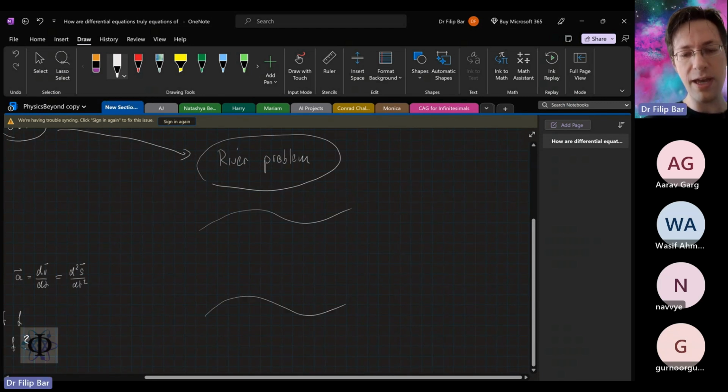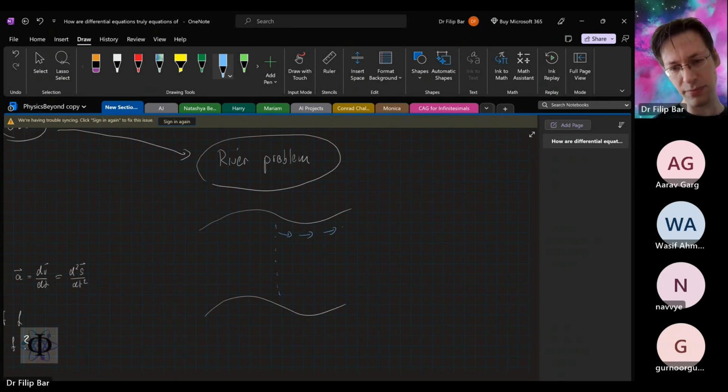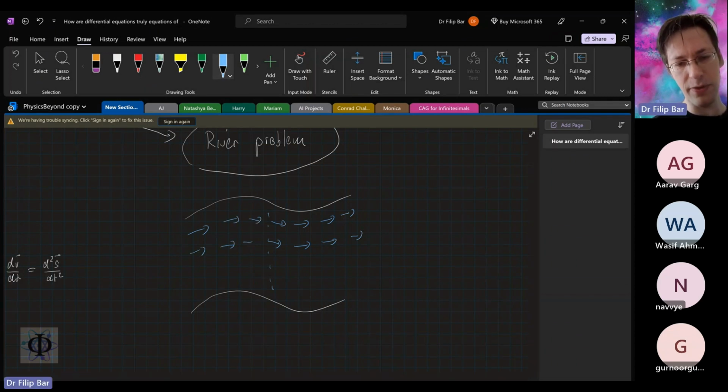Let's say we have a river. The river is flowing, and we start measuring its velocity. At each point on that river, I can measure its velocity, and then I draw in little velocity vectors like this. That describes how the river is flowing, but it just tells me the velocity.